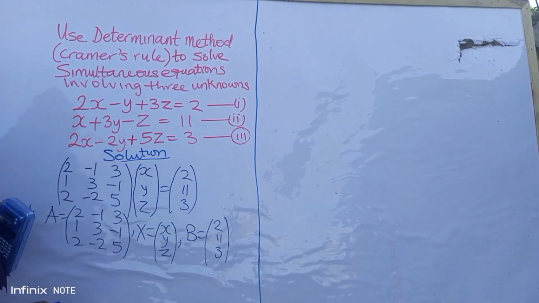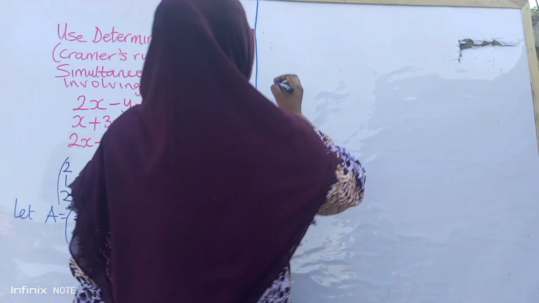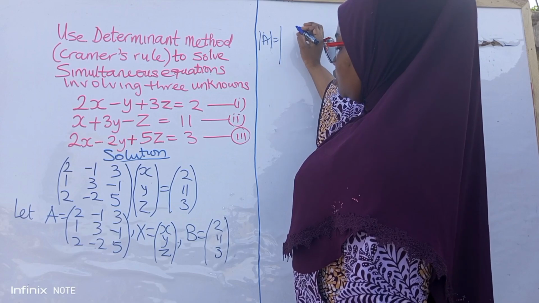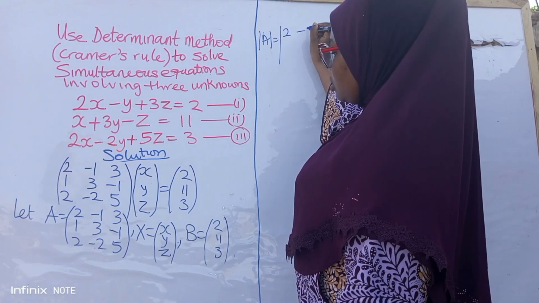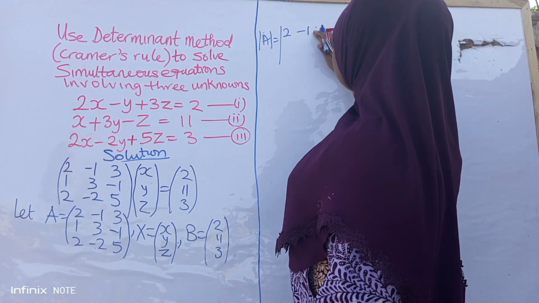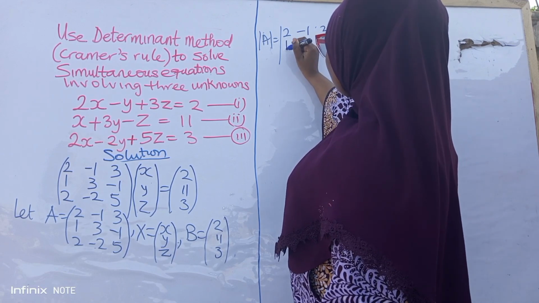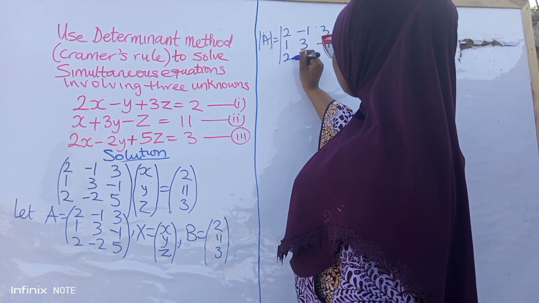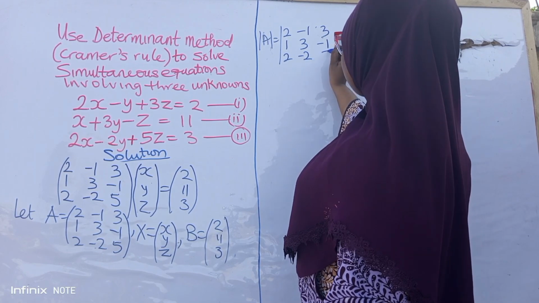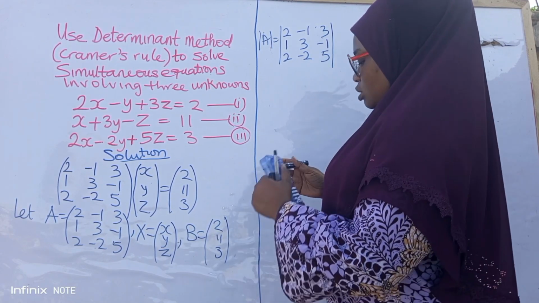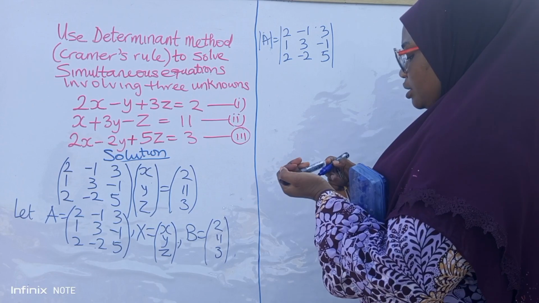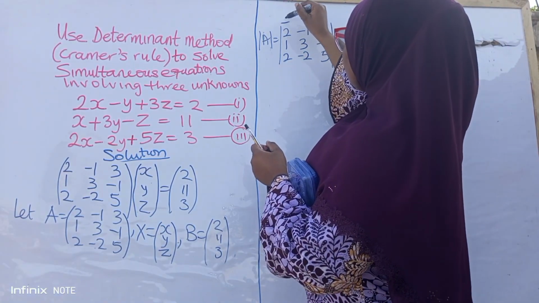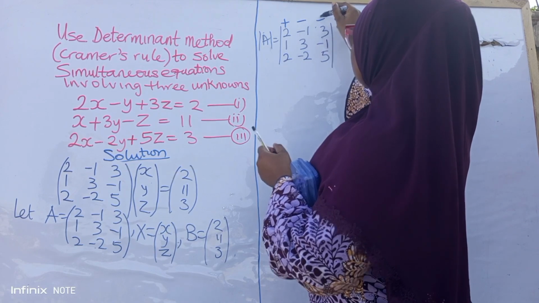Now, the next thing that we need to do is to find the determinant of A. So the determinant of A will be 2, minus 1, 3; 1, 3, minus 1; 2, minus 2, 5. Now, the next thing to do here is that you put signs on them: plus, minus, plus.